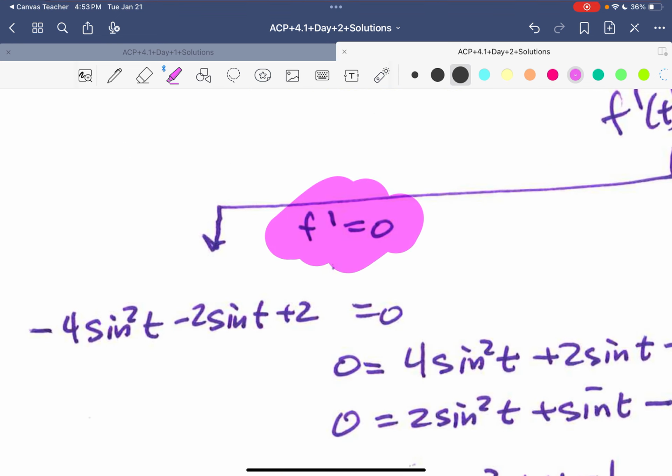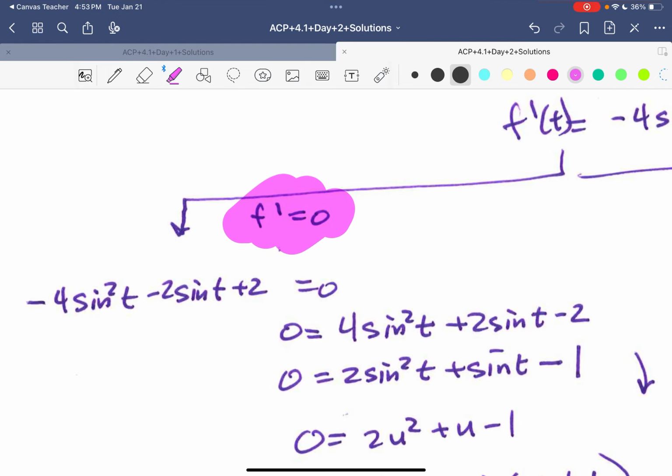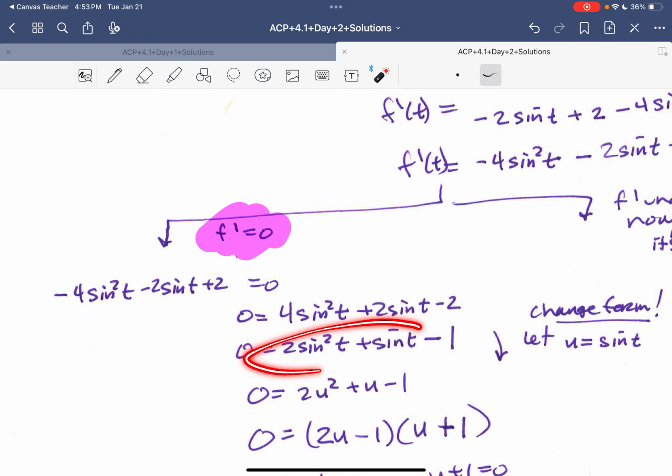So where's this derivative equal to 0? Well, I just set this whole thing equal to 0. I'm going to move it over to the right-hand side so that the leading coefficient is positive. And then I'm going to divide by 2 to make my life easier. So now from here, I think it's a quadratic. And to really see it, I use u substitution.